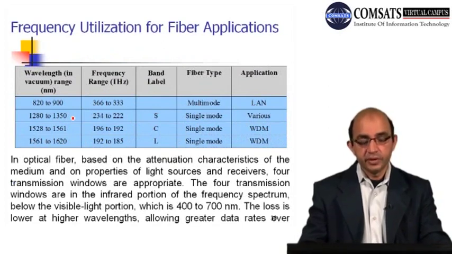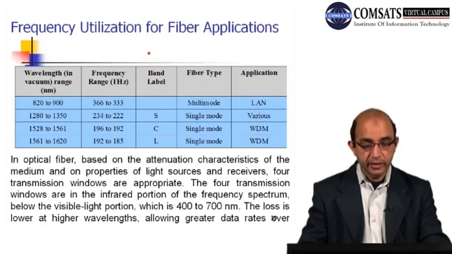So here we have shown a table mentioning the range of wavelength, right? And if you can see, we have made labels regarding the band, the type of the fiber, and its application, right?